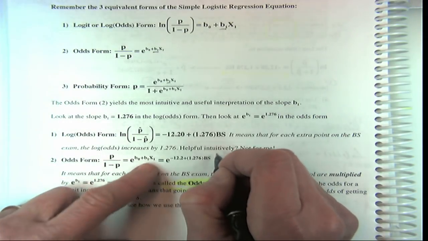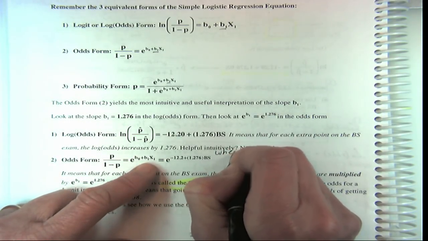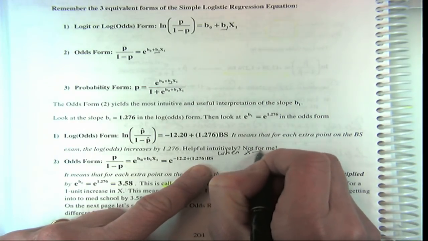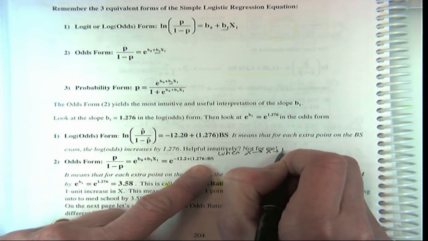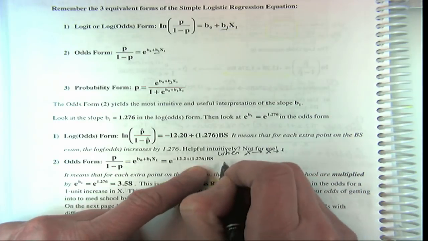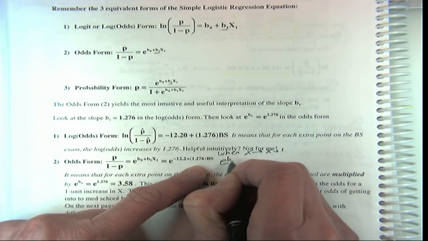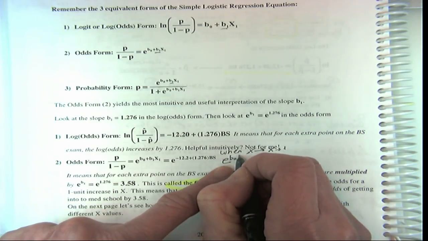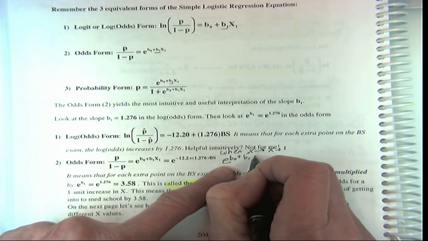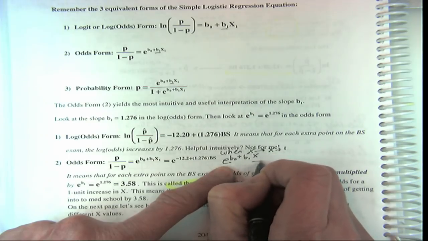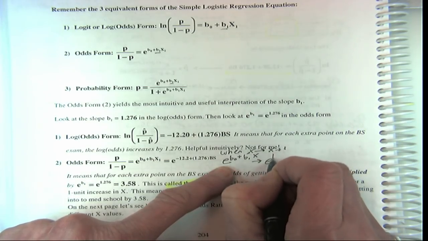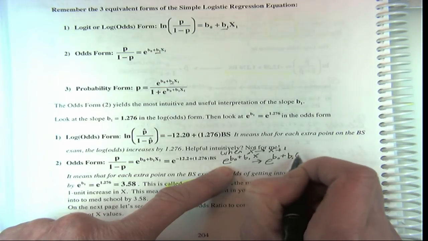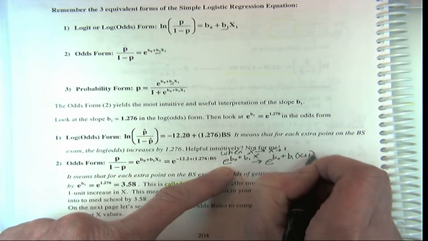I mean, this is pretty easy to see. It's just simple algebra. When x goes to x plus 1, then you have this e to the b0 plus b1x going to what? e to the b0 plus b1 times x plus 1.